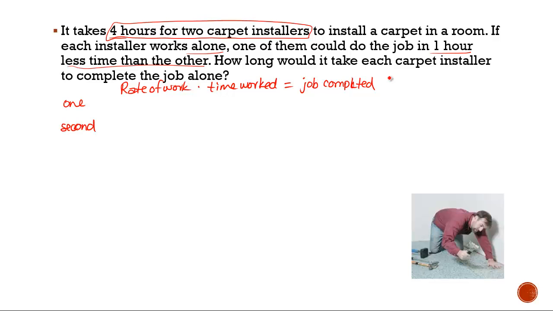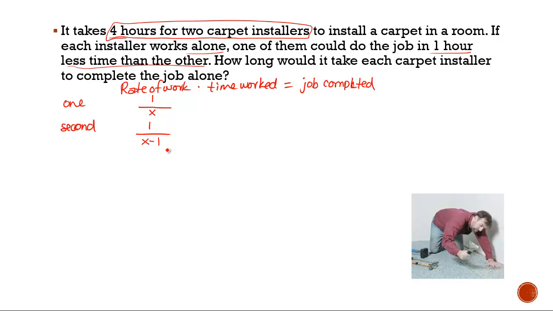So rate of work is always 1 over the time that it would take the one worker to complete it on their own. So one of the workers could complete the job in 1 hour less time than the other. So if the one can complete it in X hours, the other one would be X minus 1.